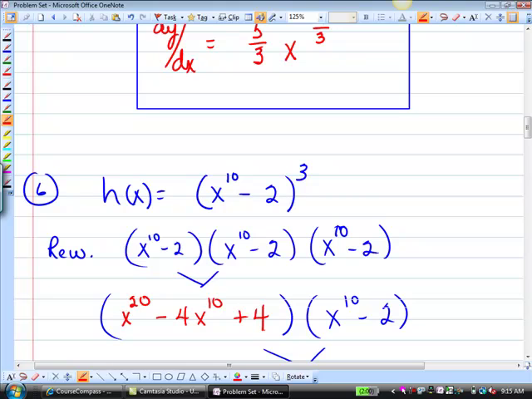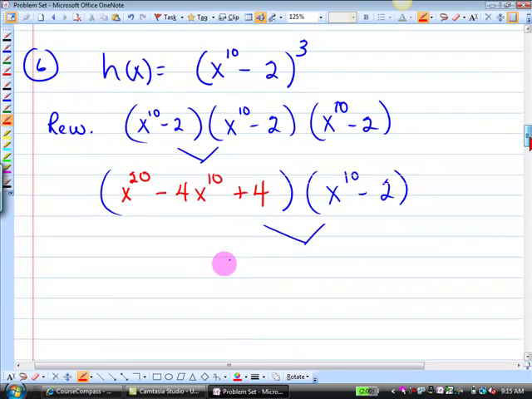Now, looking at that, make sure that you see what I did. When you multiply, you just add the exponents. I had a minus 2x to the 10th and another minus 2, so that became minus 4. Then I've got to multiply this guy times the red one. Okay? So take x to the 10th and multiply it by every term there.